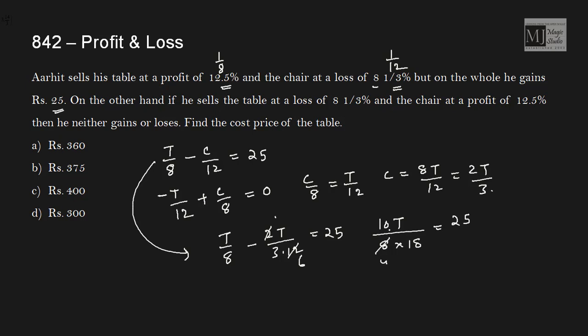Okay, T is 18 into 5 is 90 into 4 is 360. So cost price of table is rupees 360.